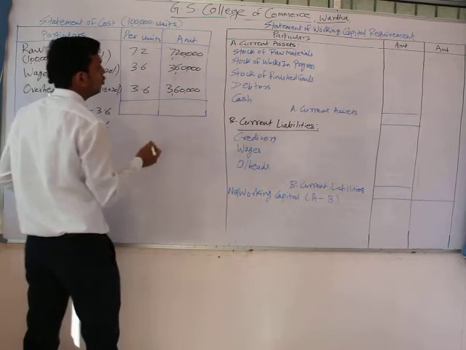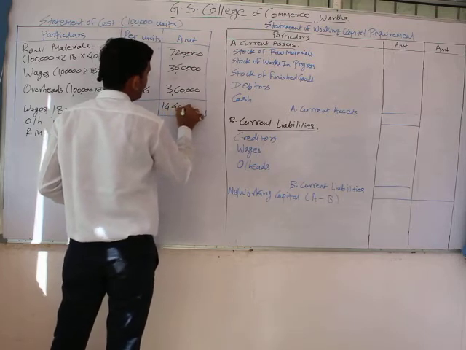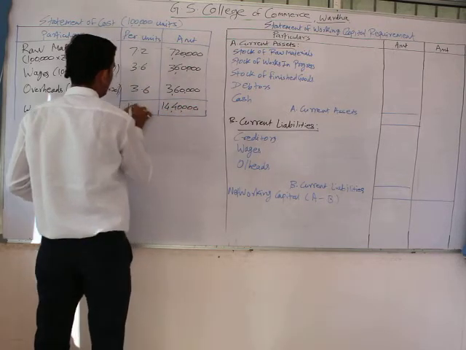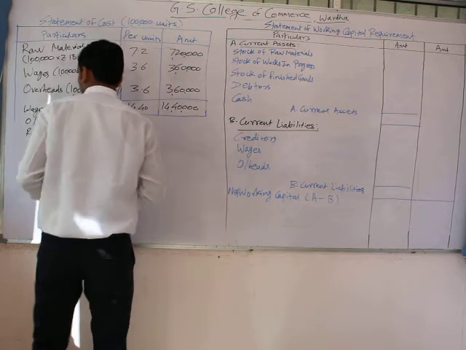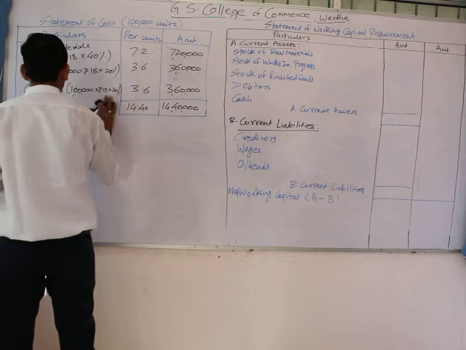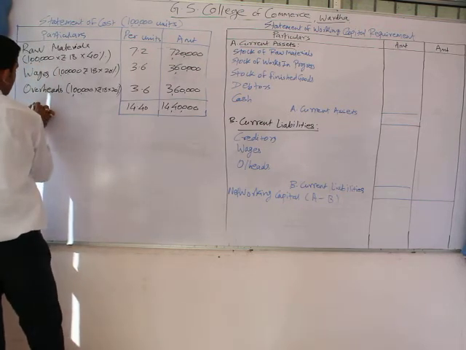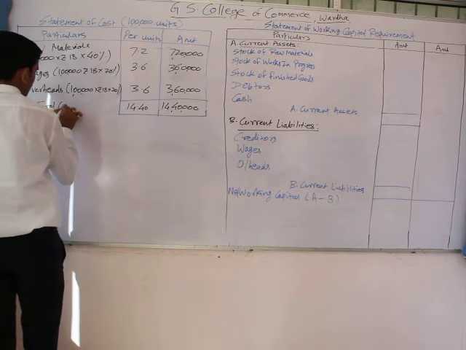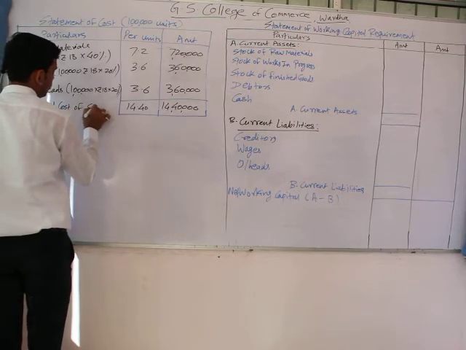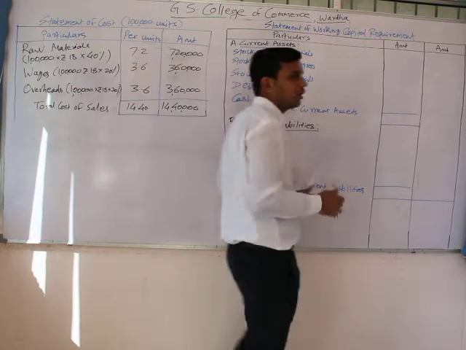Now we can make the total 14,40,000, that is 14.40. Now we have our total cost of sales, so that we can use this information for the calculation of working capital requirement.